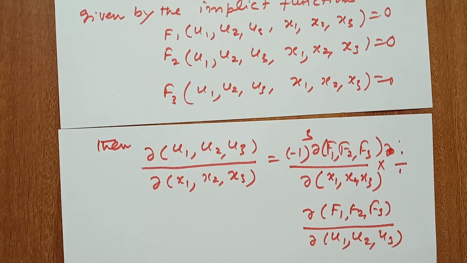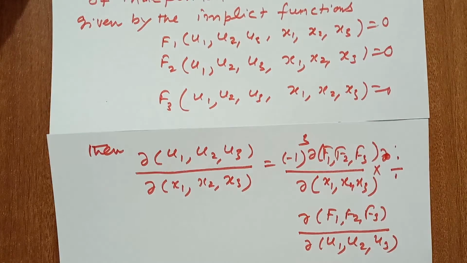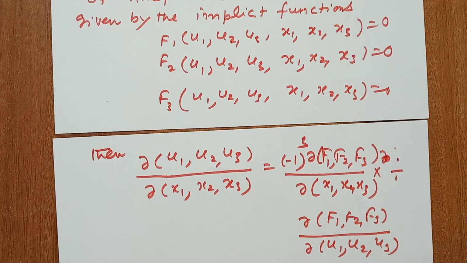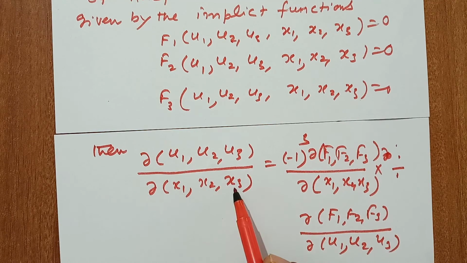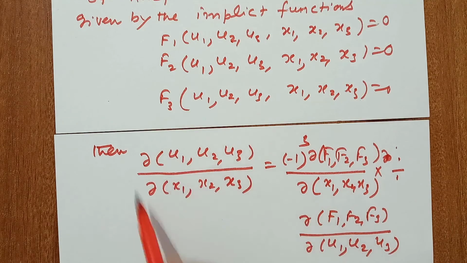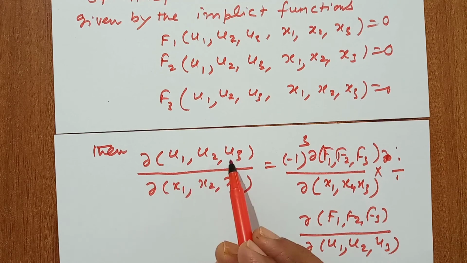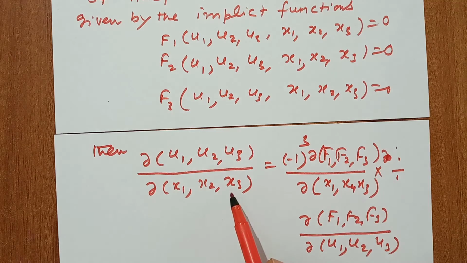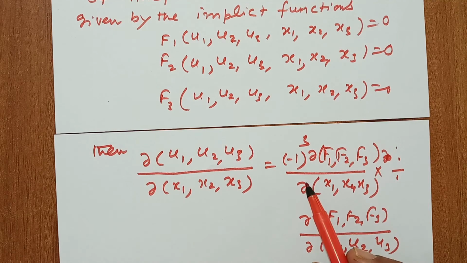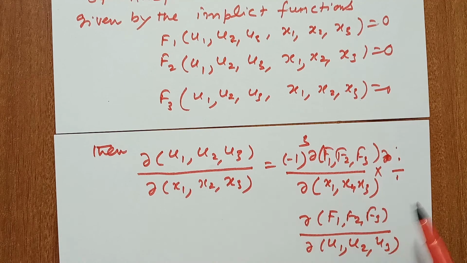It means if u1, u2, u3 are functions of three independent variables x1, x2, x3, then the Jacobian of u1, u2, u3 with respect to x1, x2, x3 is equal to, first we calculate the Jacobian with respect to x1, divided by the Jacobian with respect to u1, u2, u3.